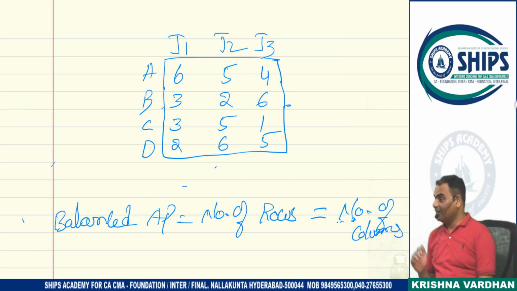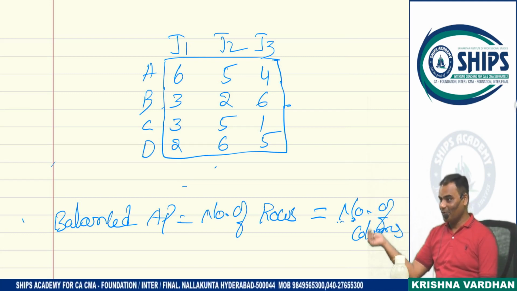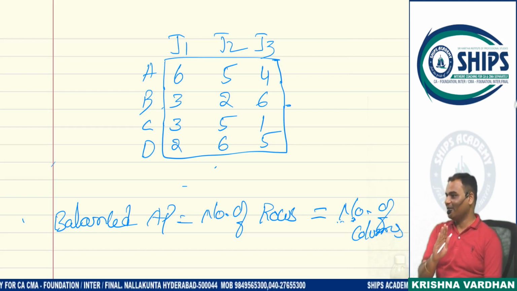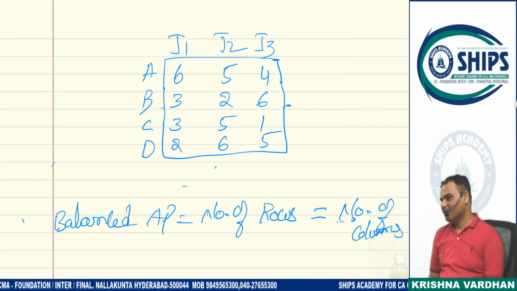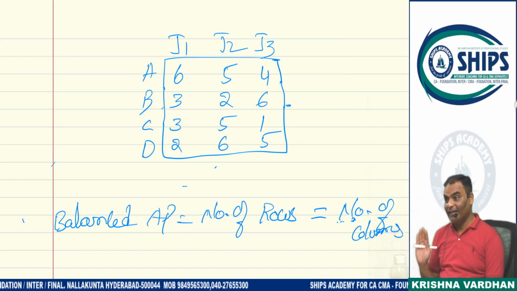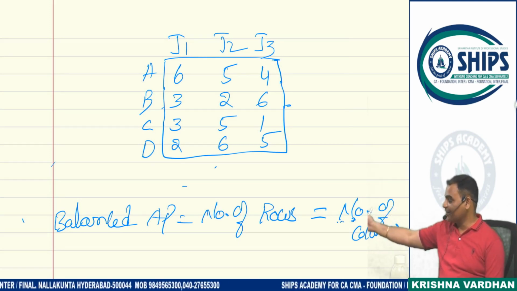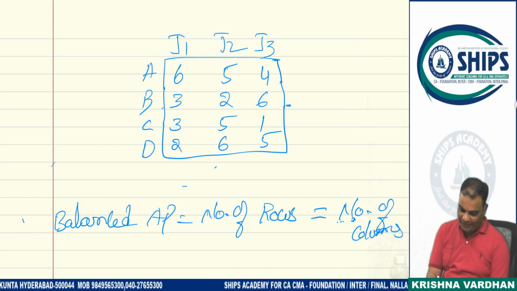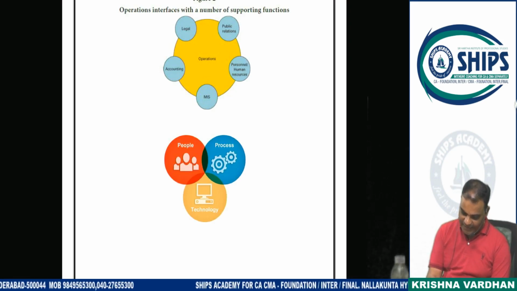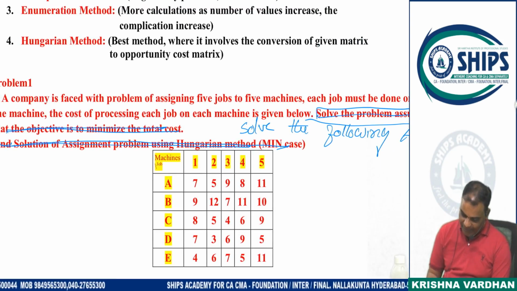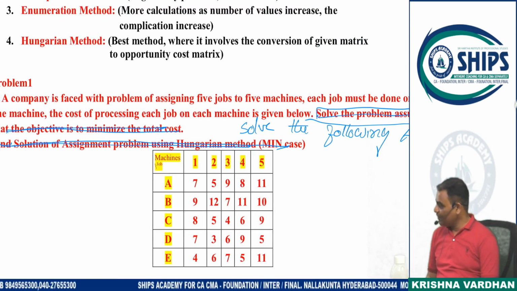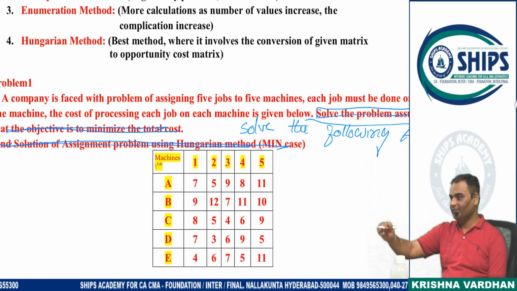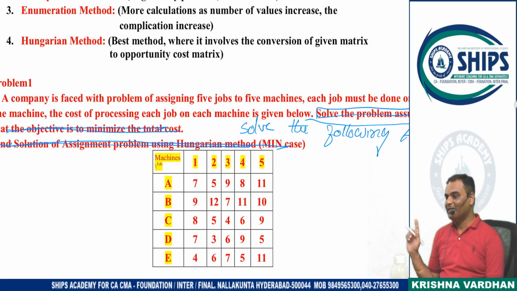No. When the number of rows is not equal to the number of columns, then we call it an unbalanced assignment problem. So you should not solve directly when you are facing an unbalanced one. If it is balanced, you can continue. For example, sorry, this I'll close. Can you tell me whether it's balanced or unbalanced? So you write down, the above problem is a balanced problem.